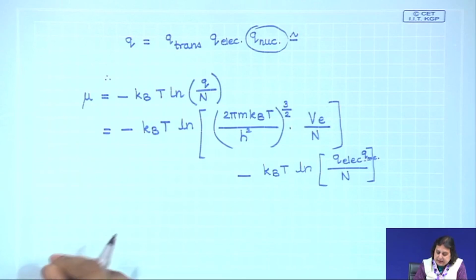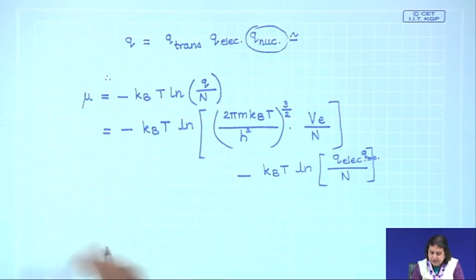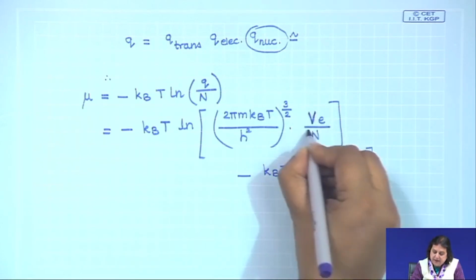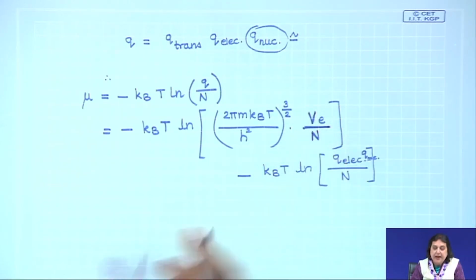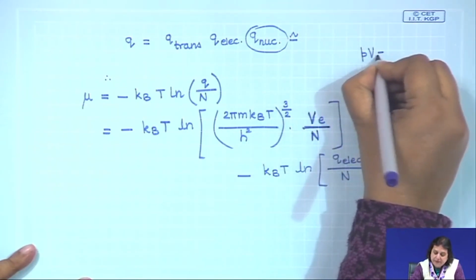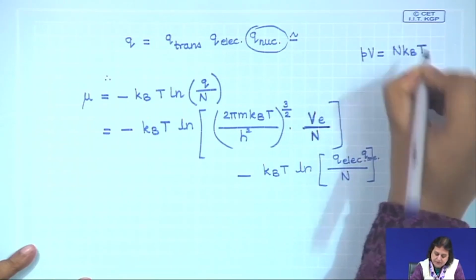Now, let us try and have a look at what are the terms that we have here. I know that V by N must have a certain relationship as far as the ideal gas is concerned. I know that PV is equal to capital N kBT.